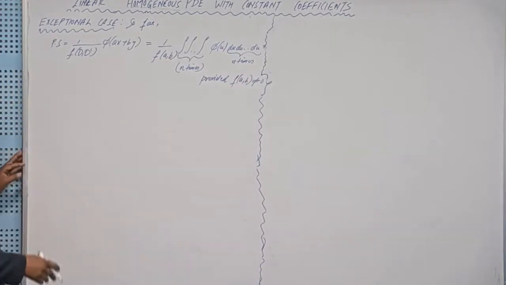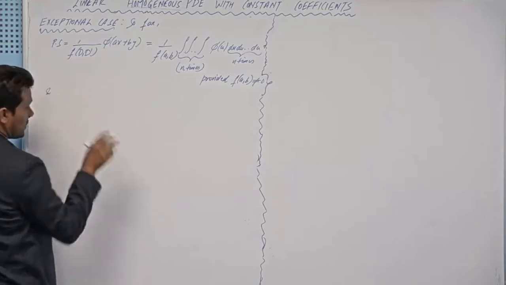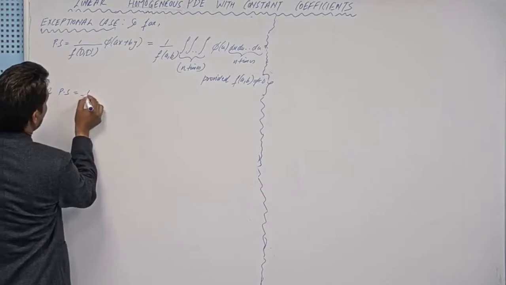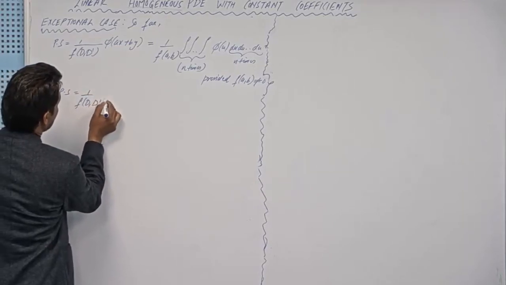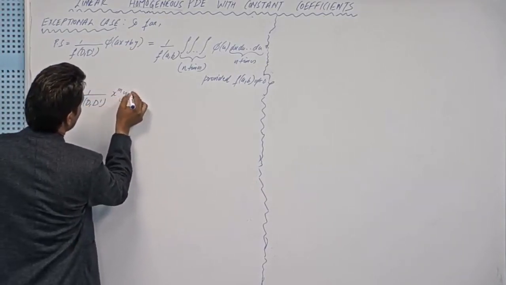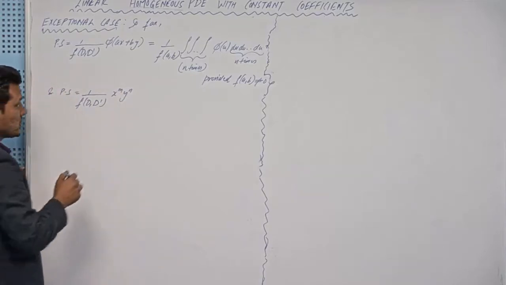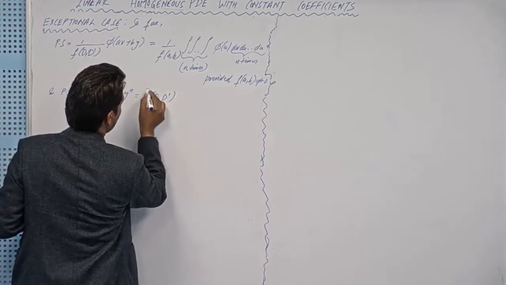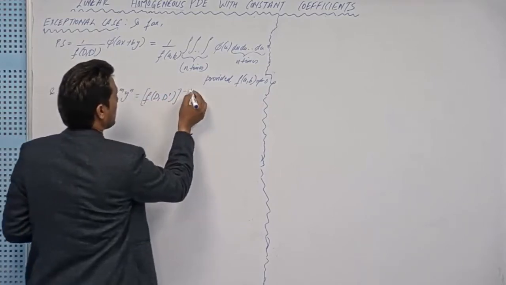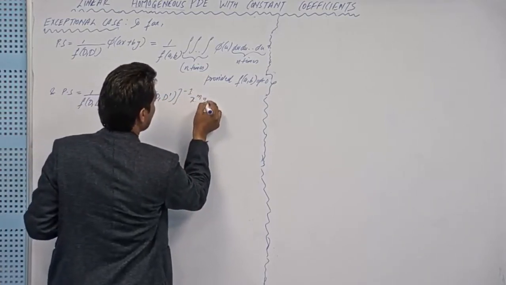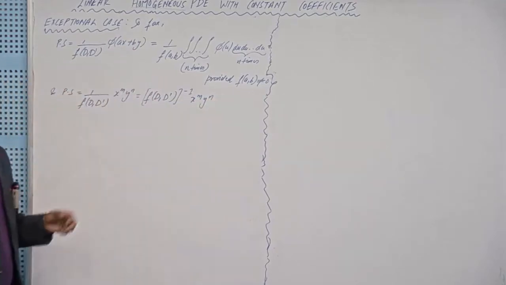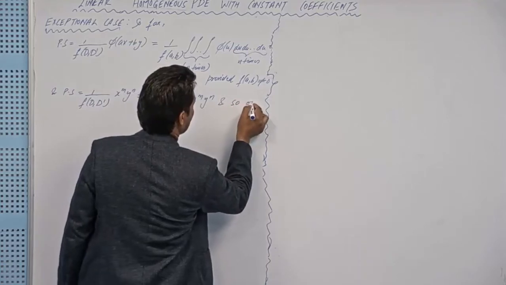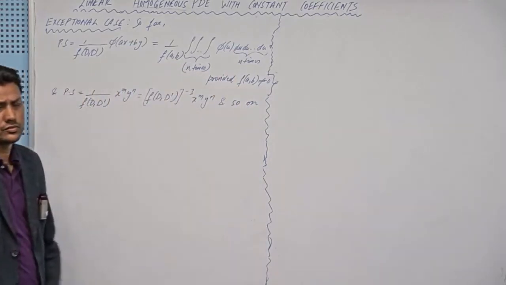And in this video, for the case 1 upon f of d dash, when the right hand side is some x to the power m and y to the power n type function, we just bring f of d dash to the power -1, and then expand it using binomial expansion, and so on. So far we have done these 2 cases.